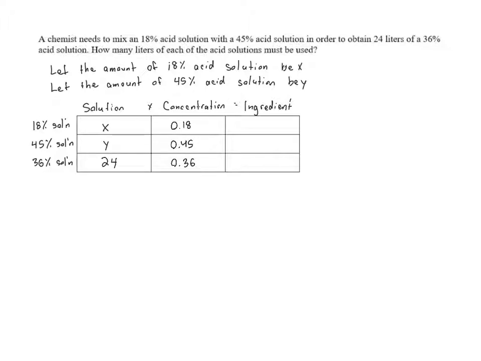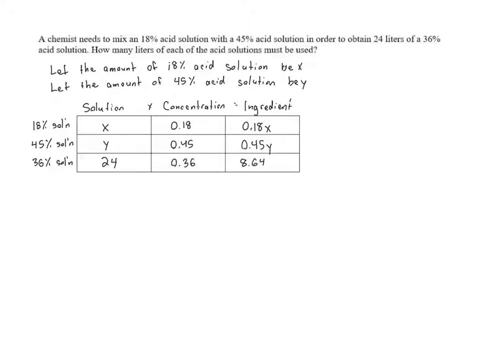So in the first row, x times 0.18 is 0.18x. Similarly, in the second row, we end up with 0.45y. And in the third row, we actually multiply the numbers. 24 times 0.36 is 8.64.